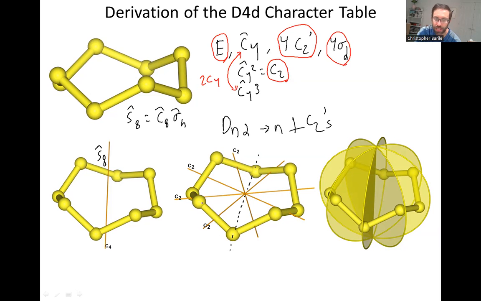Now this molecule doesn't have a sigma h. That's a horizontal mirror plane, horizontal to this principal rotation axis, the C4. That doesn't exist, because if we draw a mirror plane horizontal to this, let's say something like that, that would take this atom to the bottom, right? And there's nothing there. However, if we do an S8, now we're not doing a 90 degree rotation, we're doing a 45 degree rotation.